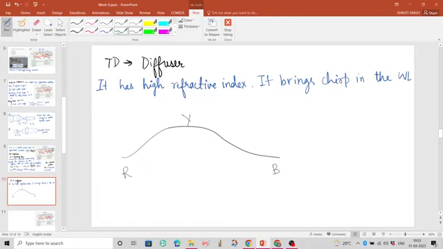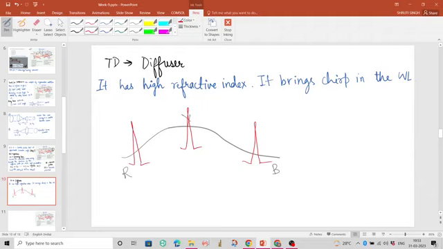So if the pump comes at this point, it will amplify the red part. If pump comes at this point, it will amplify the blue part.